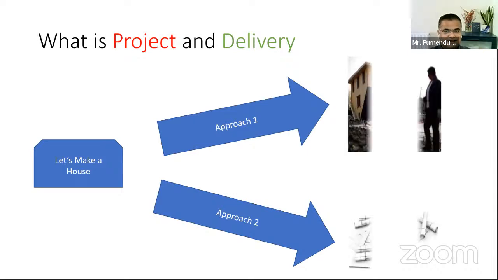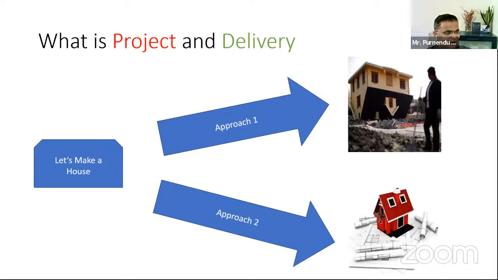So what happens is, based on your approach, you can actually have an output like this. So with one of the approaches where it is not well defined, you will have an output where you might still have a house, but that house is of no use for you. It's not up to what you actually wanted. And similarly, there could be a well-defined approach in which you get the house you actually wanted, if not exactly the same, then quite similar. And this is exactly what happens in the software or IT industry.